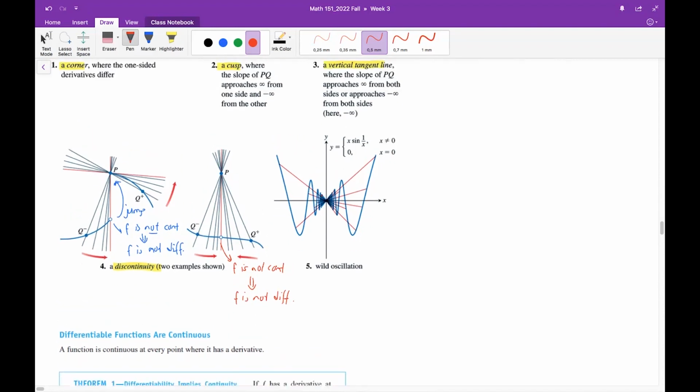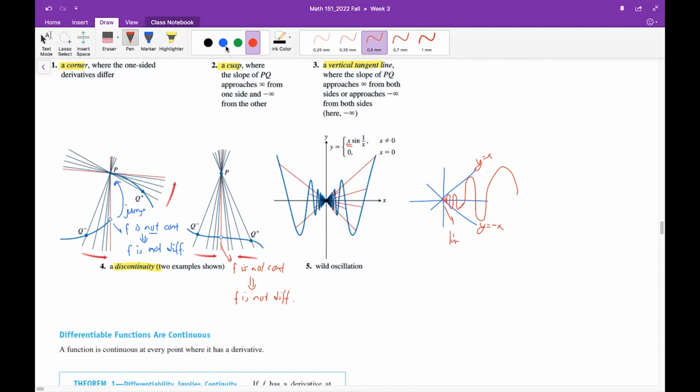Okay, and the last case, the differentiability is violated by wild oscillation. We studied this function before in our previous lecture videos. So let me remind you, for the sine 1 over x function, when you multiply it with x, the graph is affected: you will again draw sine 1 over x behavior, which oscillates infinitely many times around the origin, but if you multiply it with x, the graph can move only between y equals minus x and plus x. That's why at the origin it is in fact continuous.